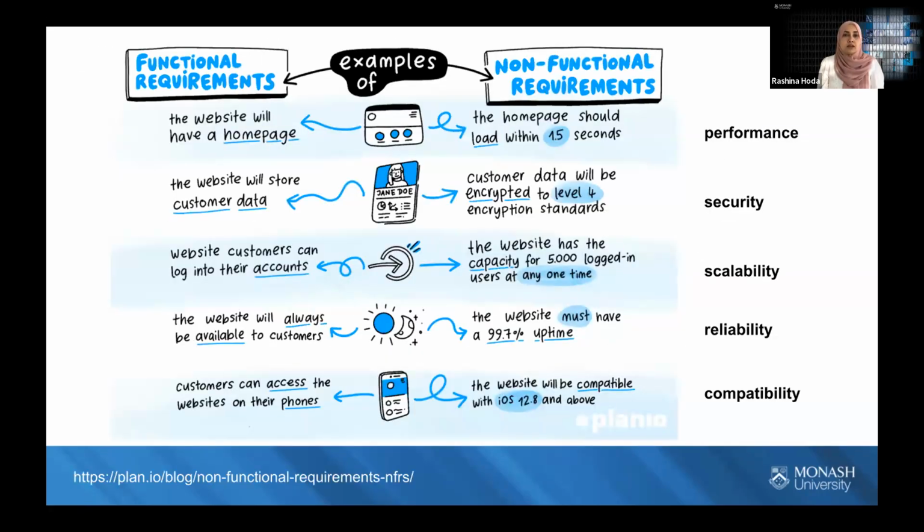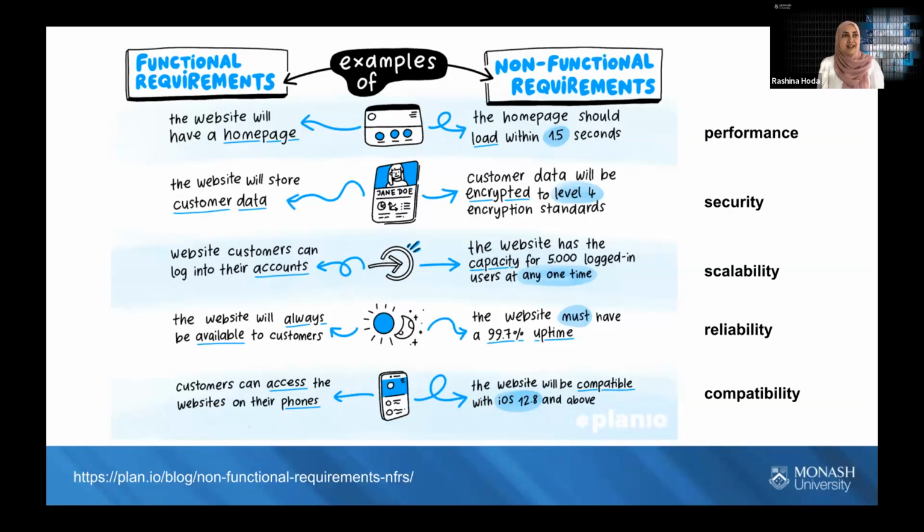All right, this is another view of comparing the functional and non-functional requirements that I got from this website that I thought did a good job of pulling up some examples. At the top, a functional requirement might be that the customer says, my website will obviously have a homepage, I need a homepage. The non-functional requirement there is, when you ask them what kind of performance they are expecting, they might say, well, it should be really fast.